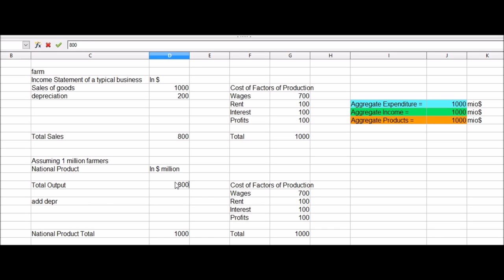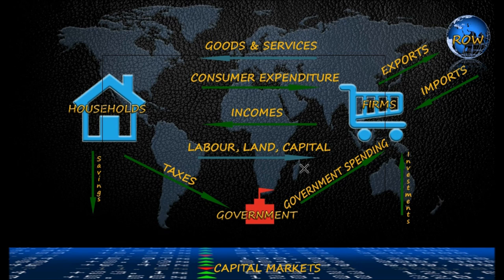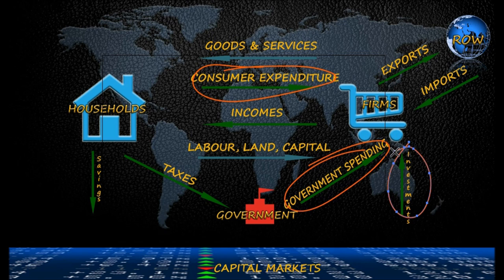Lastly, in the products approach, the aggregate is computed by measuring the value of output of each industry and then aggregating.